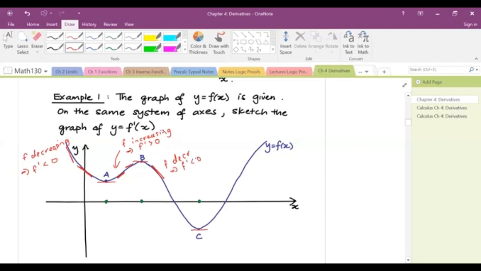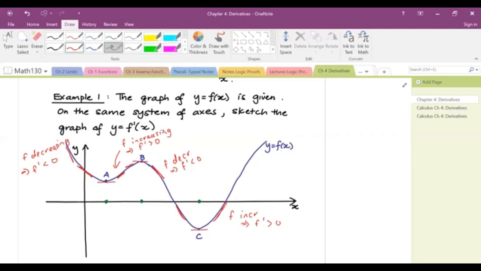So the derivative function goes below the x-axis again after b and becomes less negative. Then at c it will cross the x-axis. Over here, f is increasing. So that means the derivative is positive. And it continues to be positive for the rest of the function.